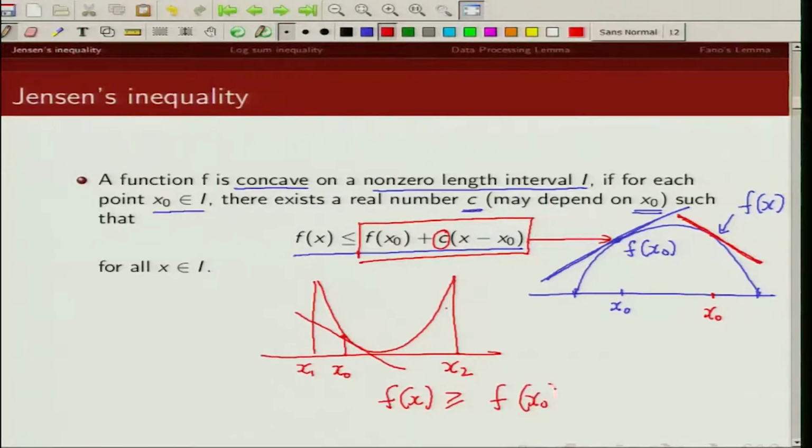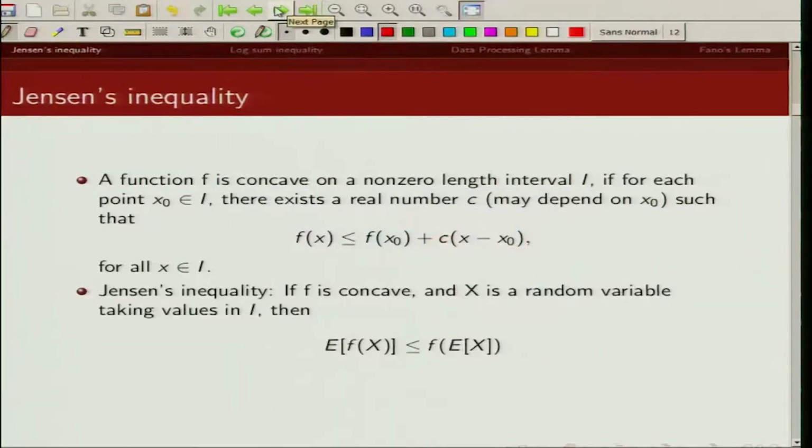This is the condition for function to be convex, and this is the condition for the function to be concave.